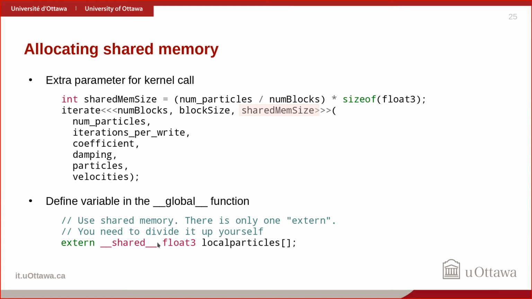If you want to have more data structures, you have to define them yourself. So then you have to put in numbers. Suppose I say shared memory size is, I don't know, 2000. And we want to have local particles and local velocities. So I could do local particles 500, local velocities 500, for a total of 1000. Wait, I just said 2000. Anyway, you should make sure it adds up.